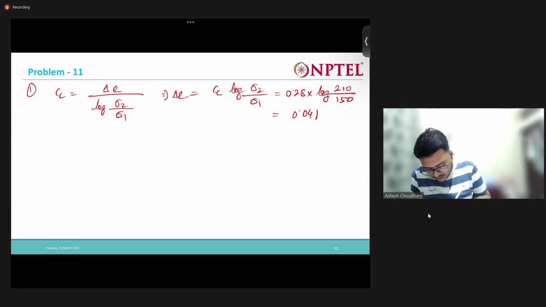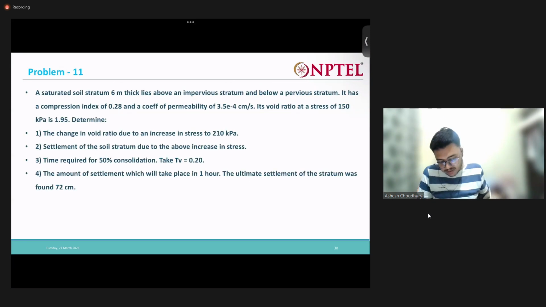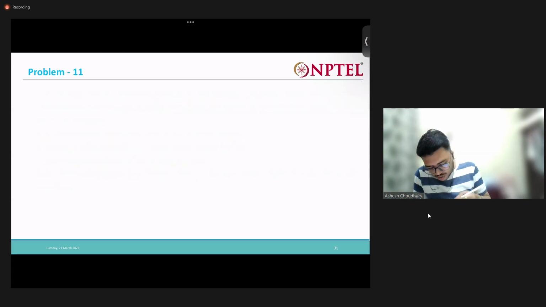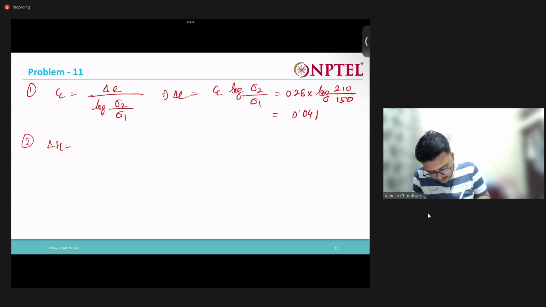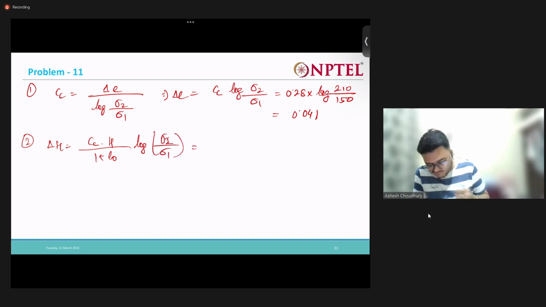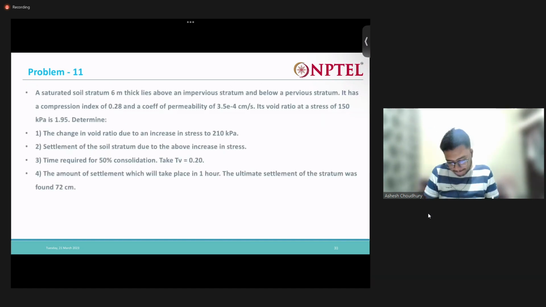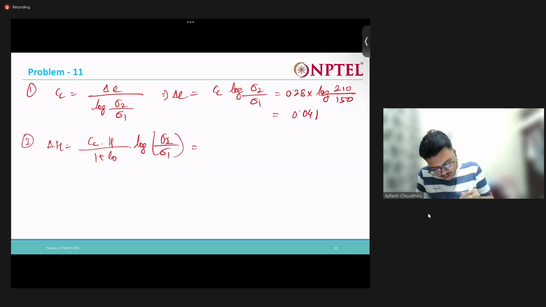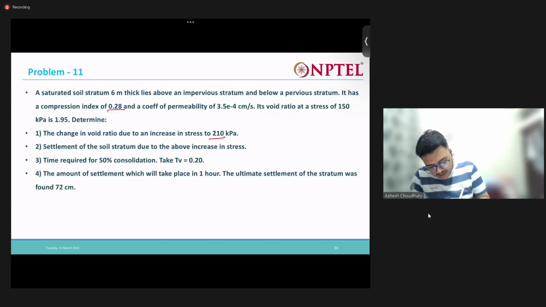Now let us go to the next problem. What will be the settlement of the soil with the above increase in stress? We need to find out the settlement. What is Cc? 0.28. What is H? 6 meters, it's a 6 meter thick layer.